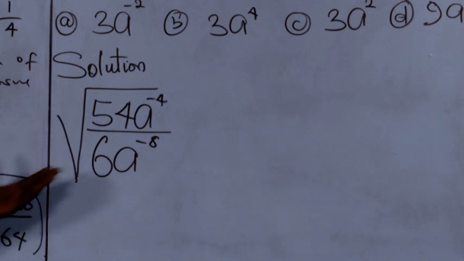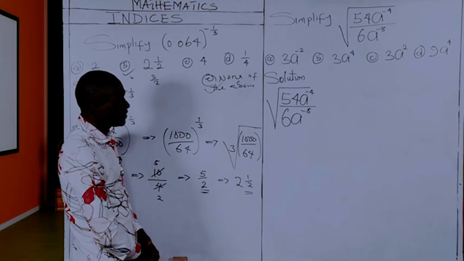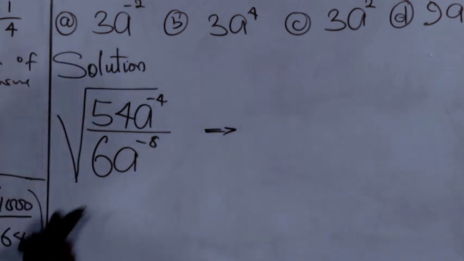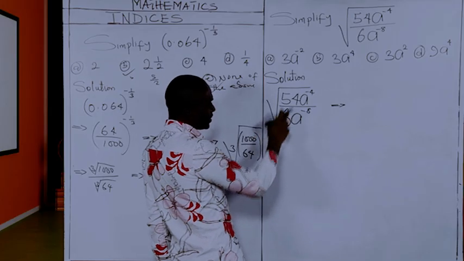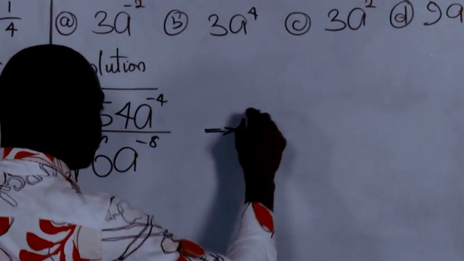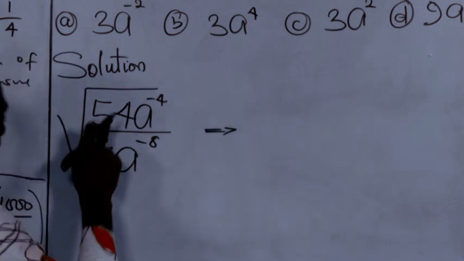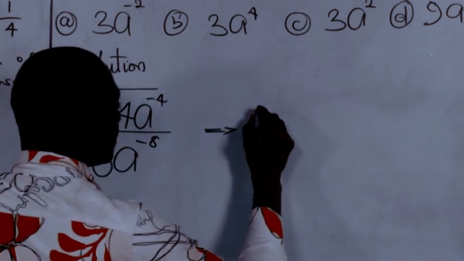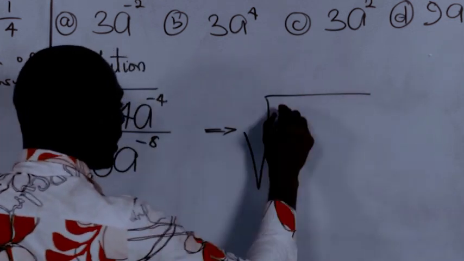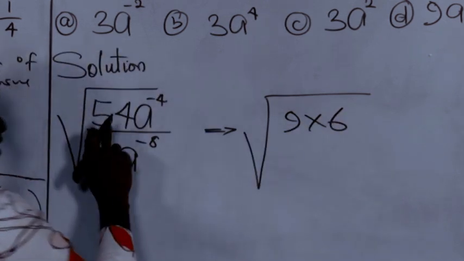How do we go about this? Something is hidden. What is it? Let's say that this 6 can go in 54. 6 in 54 will give us 9. Or let me split it for you to understand better: this 54 is 9 multiplied by 6. 9 times 6 is 54.